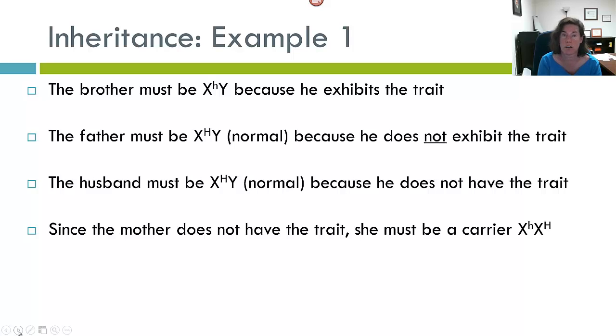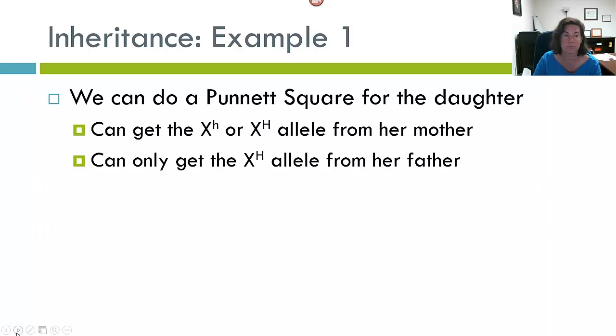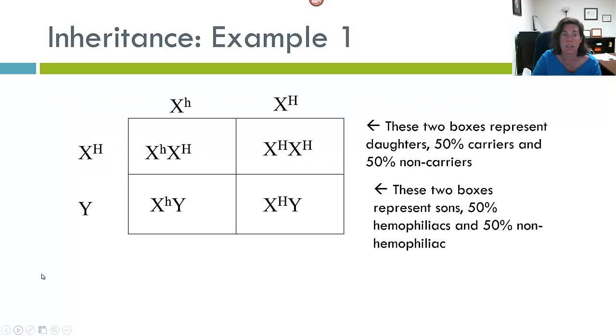And since the mother does not have the trait, she needs to be a carrier. She can get the recessive or the dominant allele from her mother, and she can only get the normal dominant H from her father, because he's not passing his Y allele on to his daughter.